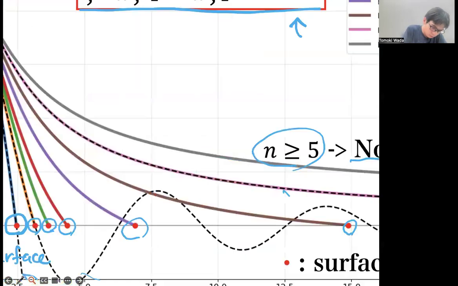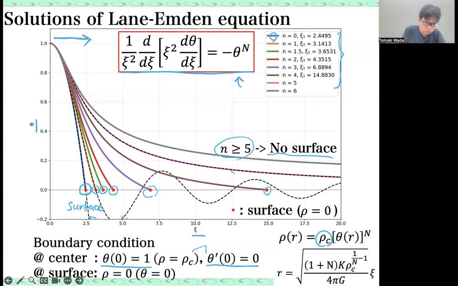Sorry. So by solving the Lane-Emden equation, we get the relation between density and radius. This is a kind of stellar structure. It means just solving these very simplified equations, we can get the relation, so we can obtain stellar structures.